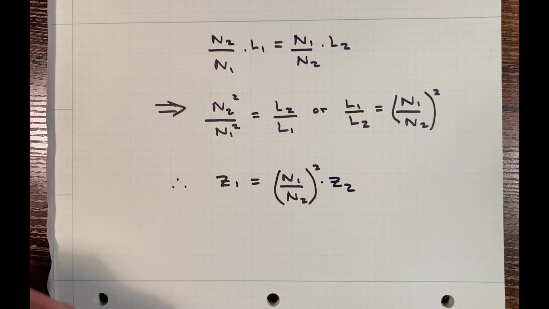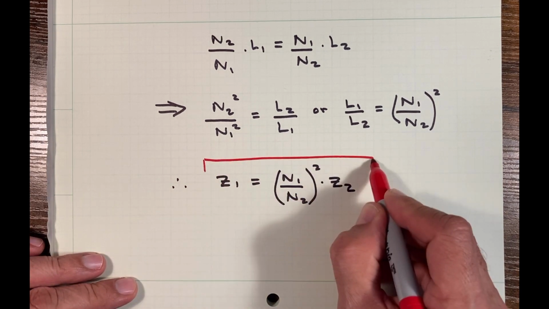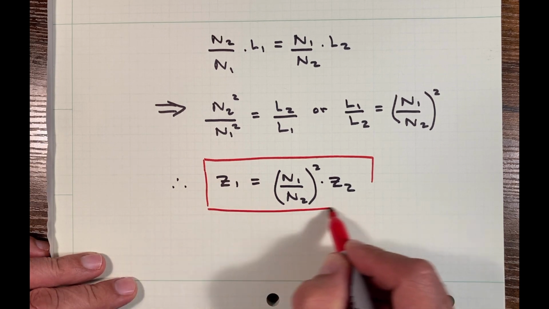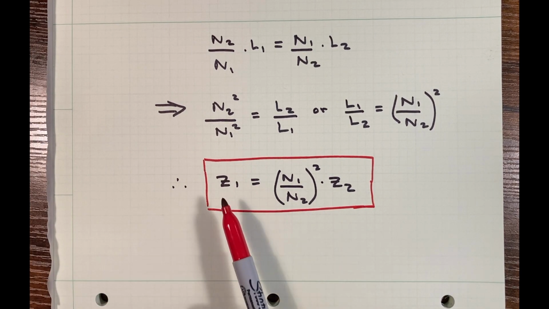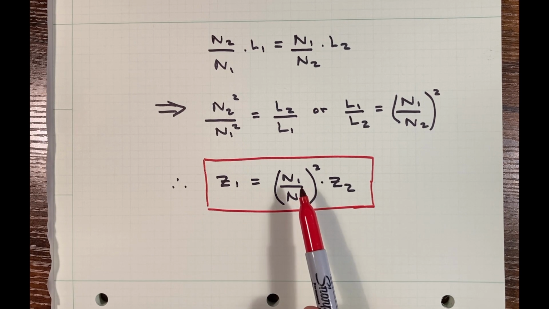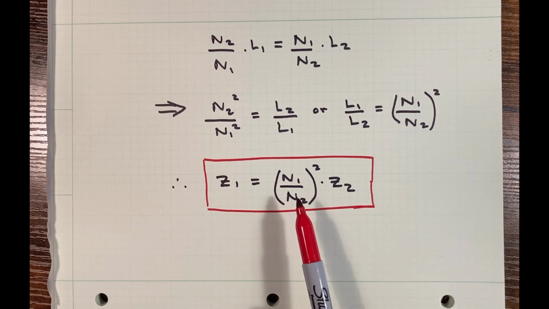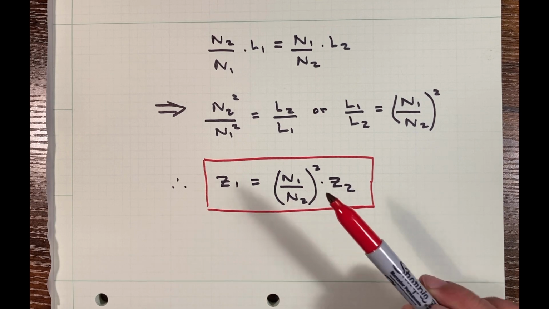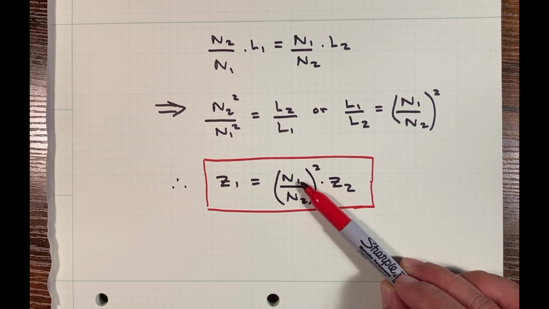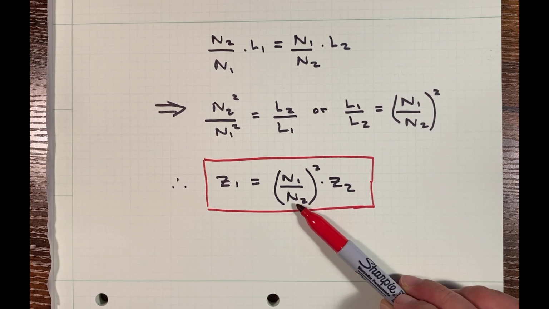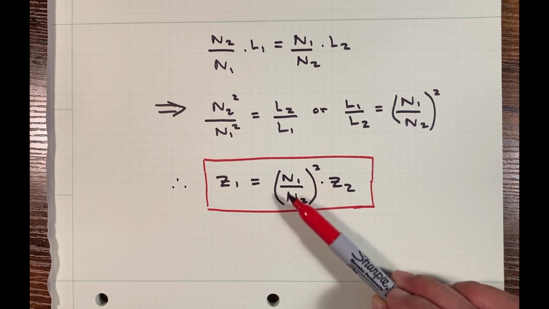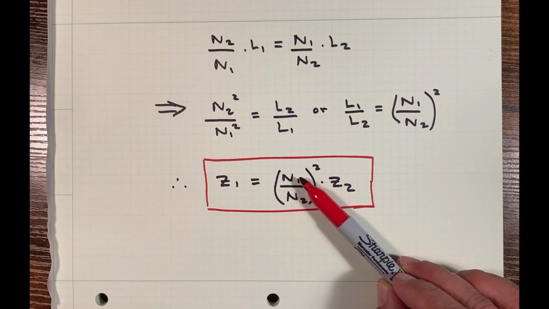This is the result that we wanted to get to, and it relates the impedance transformer's characteristics of changing the impedance from the input to the output based on the windings of the toroid, or the transformer. N sub 1 would be the windings of the primary, N sub 2 would be the windings of the secondary, and the ratio of that number is what actually gets squared.